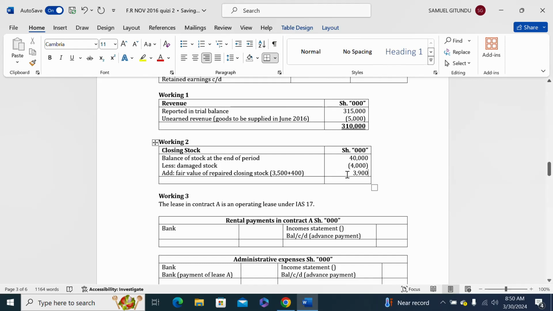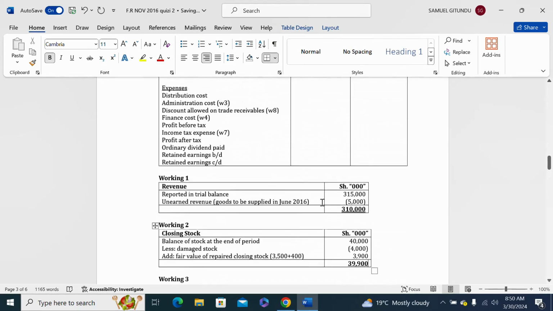Therefore, this net realizable value is lower than the cost of the damaged stock. So we are going to replace this cost of the damaged stock with the net realizable value, which now we are getting as 39,900,000.